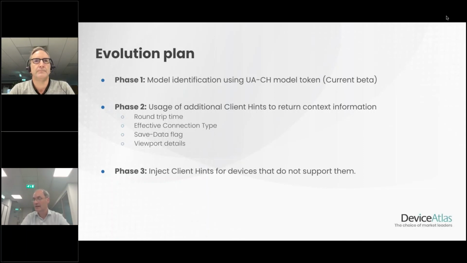So this will allow downstream applications to use the client hints model token for whatever purposes they need. So in effect, DeviceAtlas can help manage the transition to client hints by injecting client hints headers for all devices that don't support it today. So in effect, it smooths out the landscape and it smooths out the migration to the new environment.